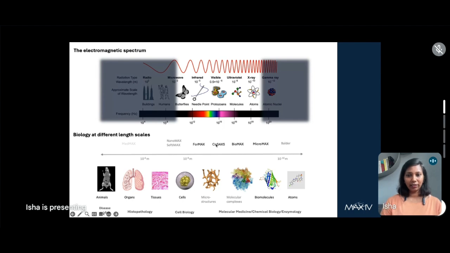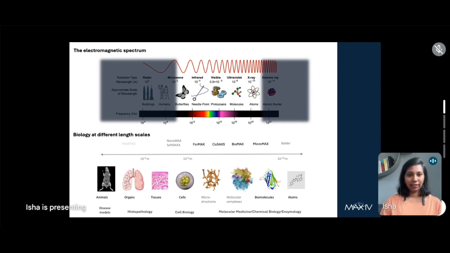And then you have the more traditional way of life sciences, which is CoSAXS, BioMAX, and MicroMAX. They use X-ray scattering and X-ray absorption, mostly X-ray scattering, to look at how atoms are organized in your protein.